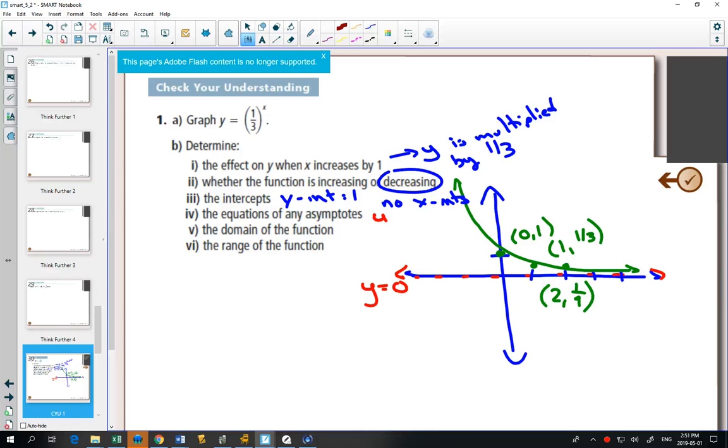The equation of the asymptote, a horizontal asymptote, is always y equals. So we have y equals 0. And when we look at the domain and range of this function, the domain is everything. There are no non-permissible values in an exponential function. The range: there's an asymptote at 0. y is bigger than 0, but not equal to 0 because of that asymptote.